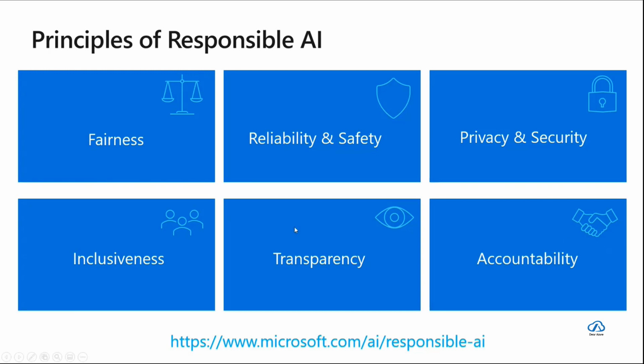Because if the platform is transparent, I should be able to hold it accountable. Imagine you are coding a driverless car program and unfortunately there was an accident. Then you should be able to know the accountable person or system. These are the six tenets of responsible AI.